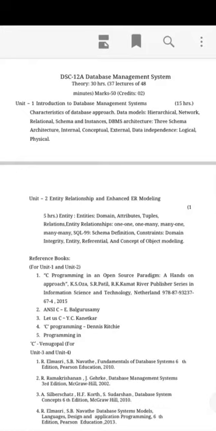Next is cost reduction, how the particular system will reduce the cost, and usability, how much you will use the particular data model and get the proper information from that collective information. This is what you are going to learn in data model.